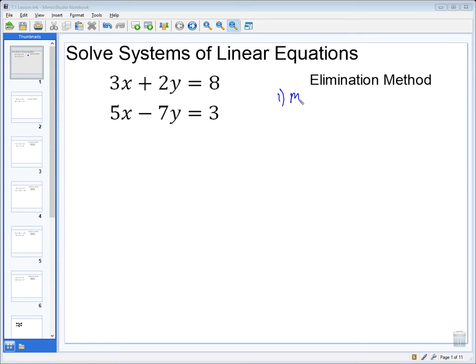So I need to multiply one or both equations to get the coefficients the same for one of the variables.